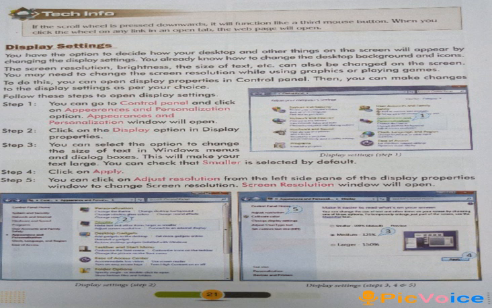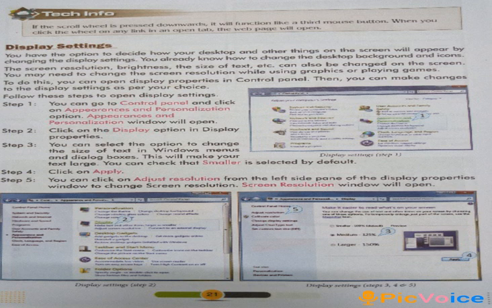Then step 6, we can click on the drop down resolution bar to select a resolution of our preference. Then step 7, click on apply and wait for some time to allow the system to apply the new resolution setting to our computer.